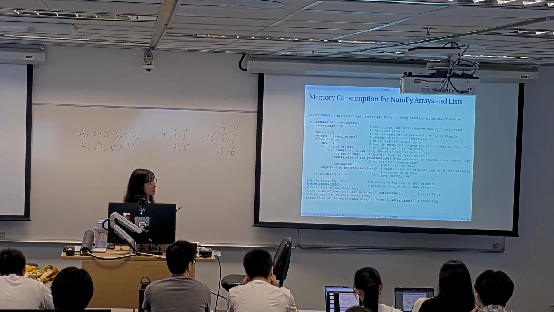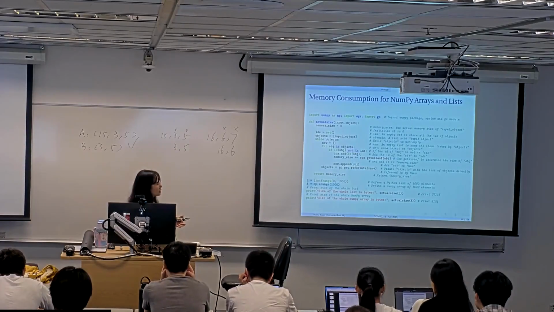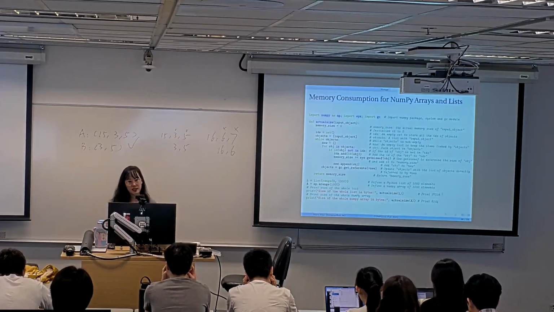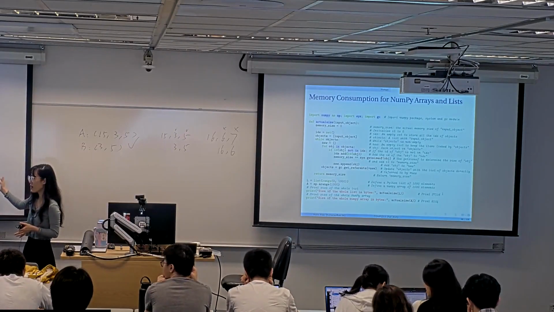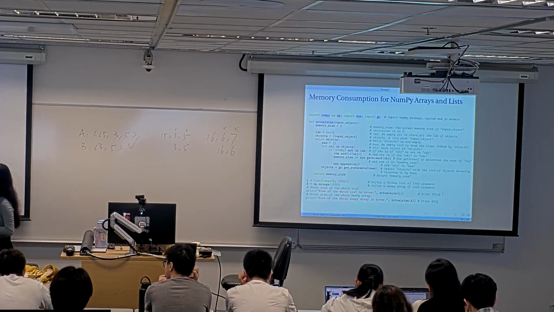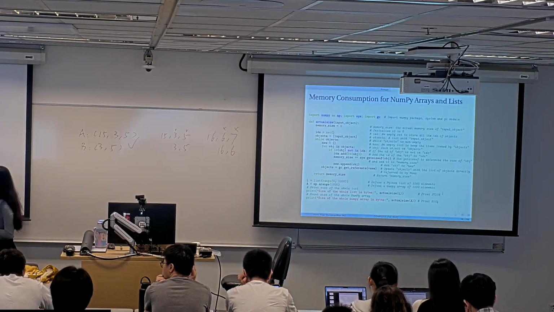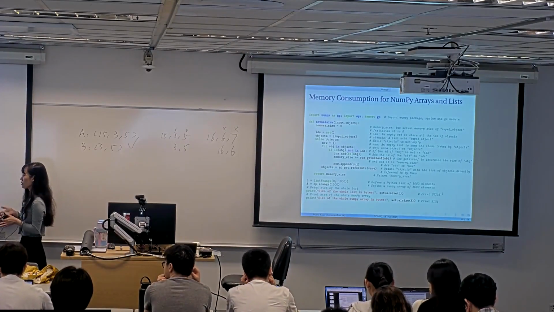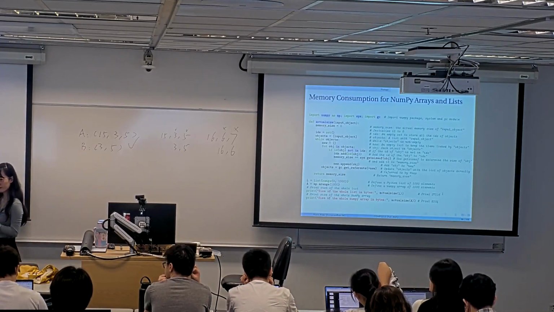Then after printing the size, we find that L, the list, consumes 37,000 bytes. But A, the array, only consumes 8,000 bytes. As we can see, if you want to store 1000 elements, the list costs much more than an array.